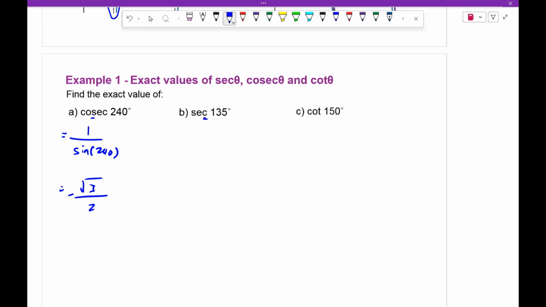Okay? Now with C, okay, sec. So that means it's equals to 1 over cos 135. So that results into, type in your calculator, negative square root of 2 over 2.